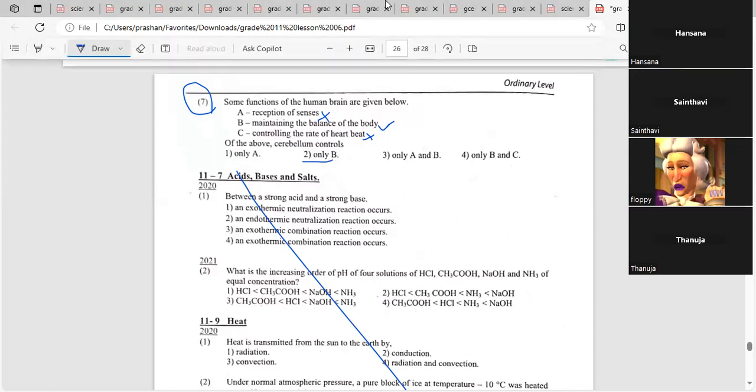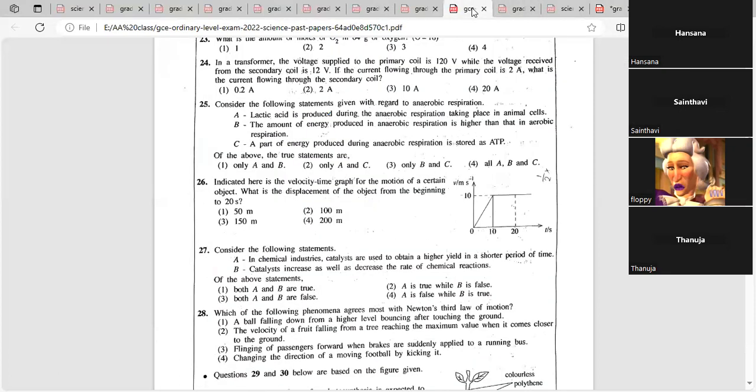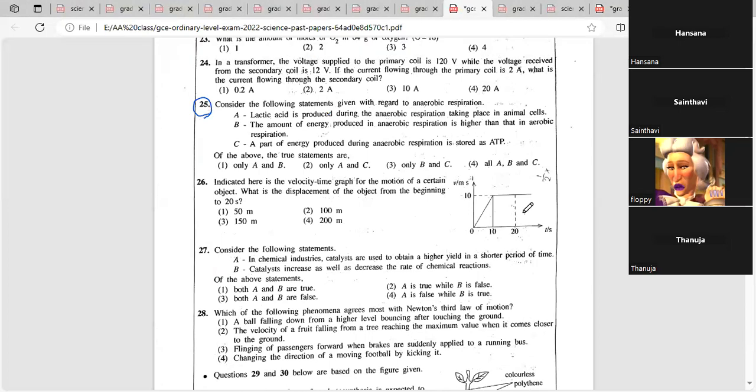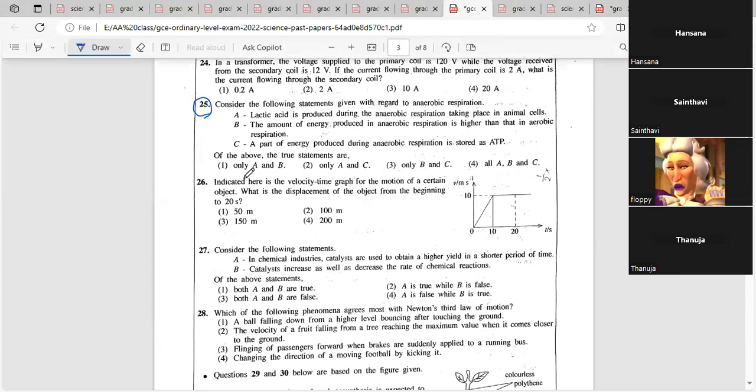Then the 2022 MCQ question, question number 25, from the respiration part.